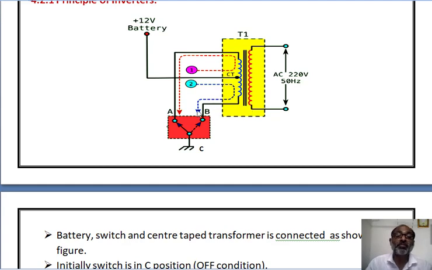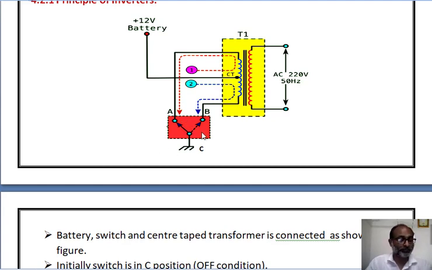But when the switch is kept at B position, the load current starts to flow from the lower terminal of the secondary winding of the transformer to the load, and then to the upper terminal of the transformer. So here you can see the current passing through the load changes, and it depends on the position of switch, A and B.